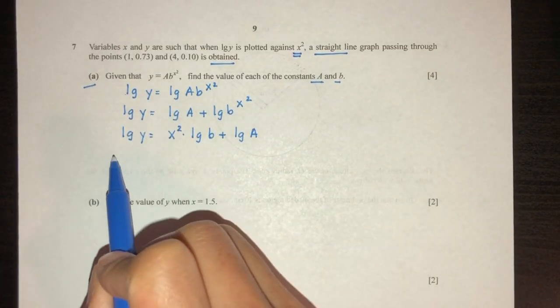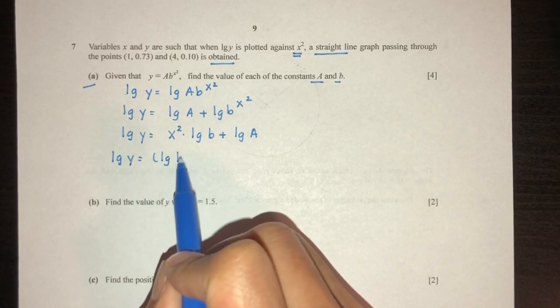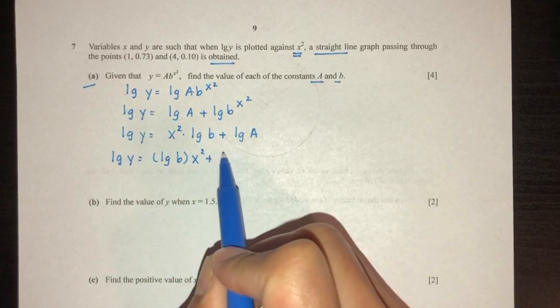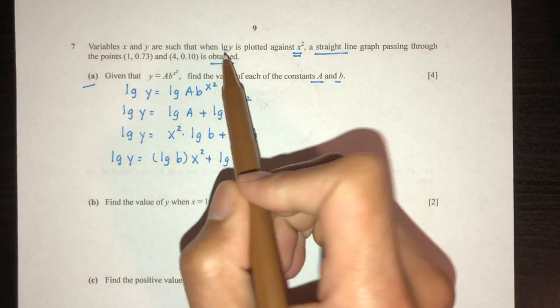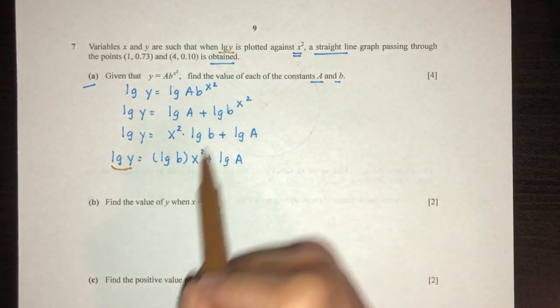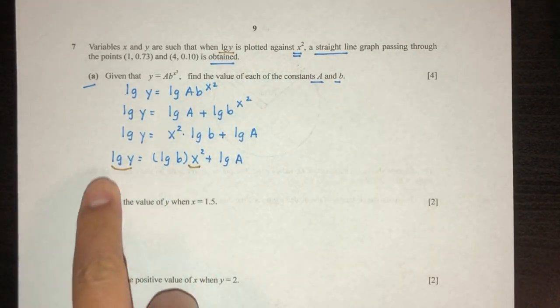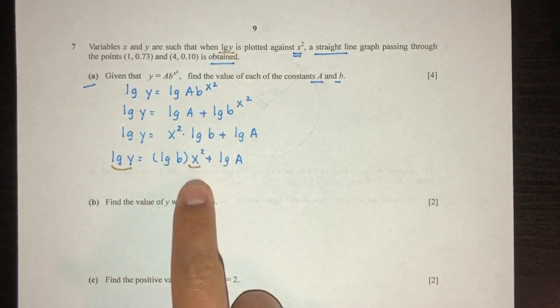Now let's simplify. You will have log of y is equal to log of b times x squared plus log of a. Now if you observe, as you have seen here, we have log of y plotted against x squared. So now we have an equation in terms of log of y and x squared.